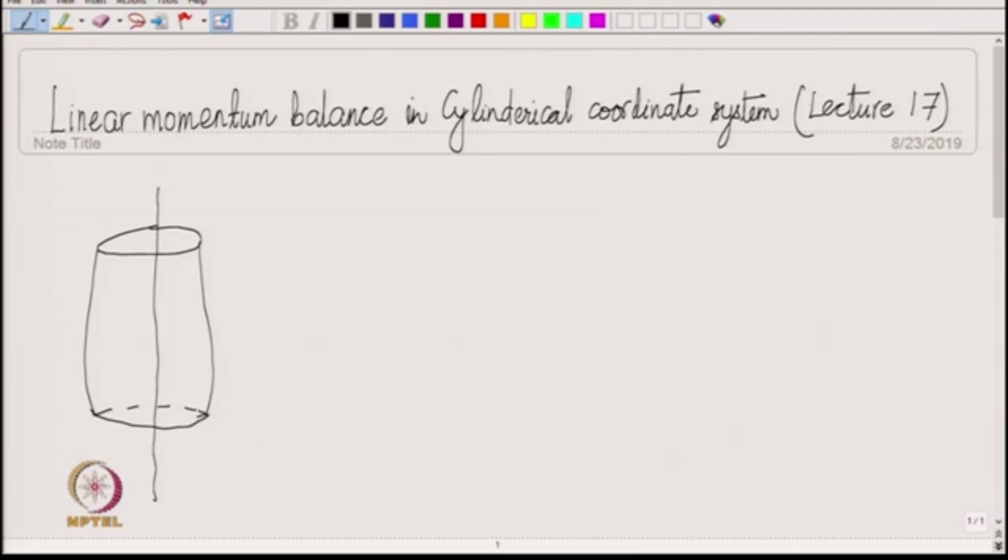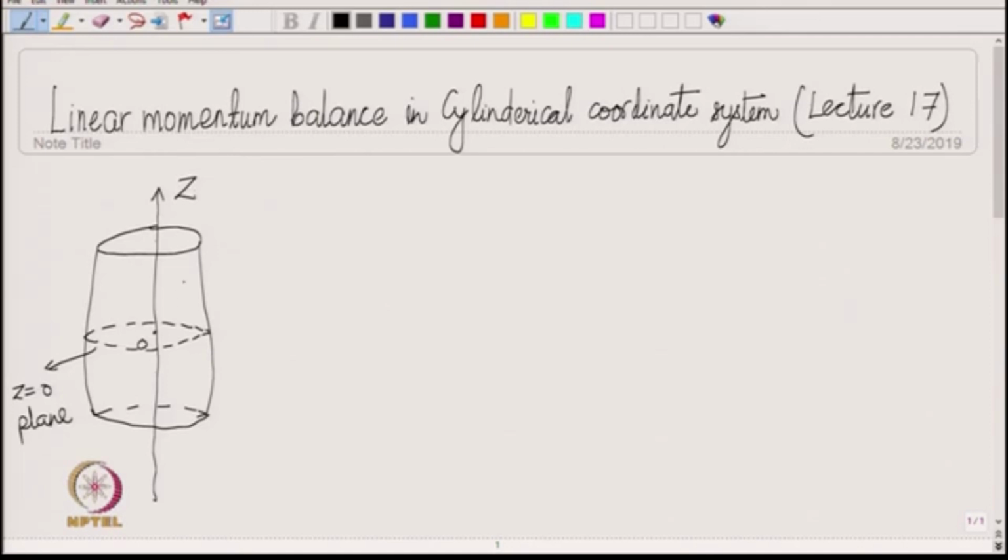Maybe we will have an origin here in the plane at z equal to 0. So, this is the z equal to 0 plane, and this axis is the z axis.